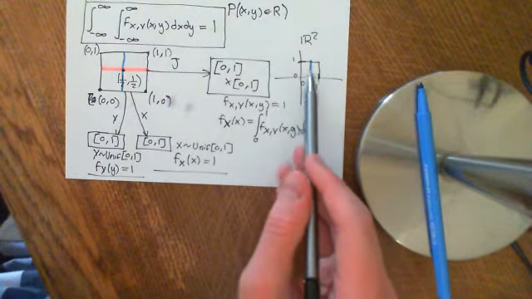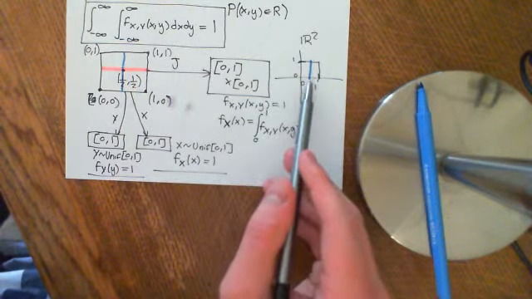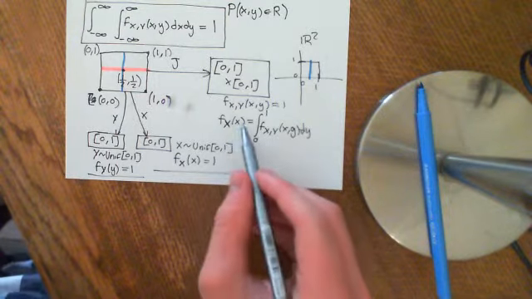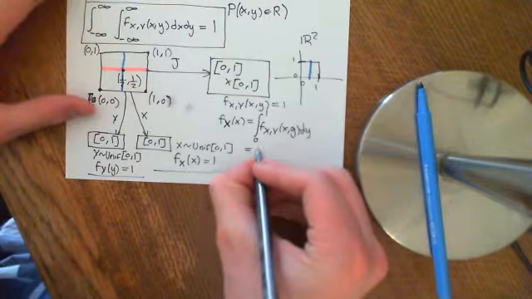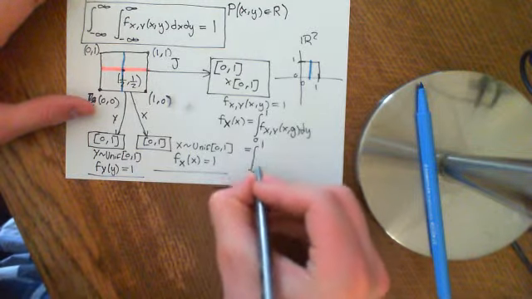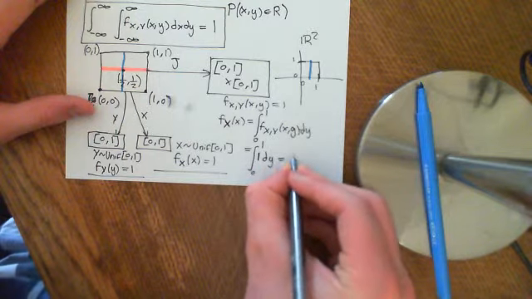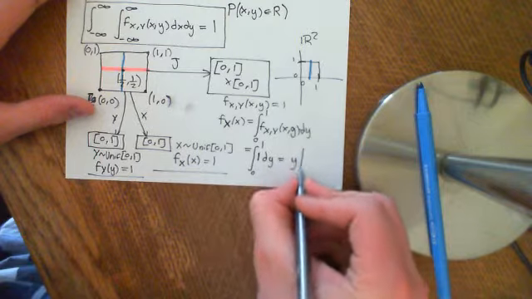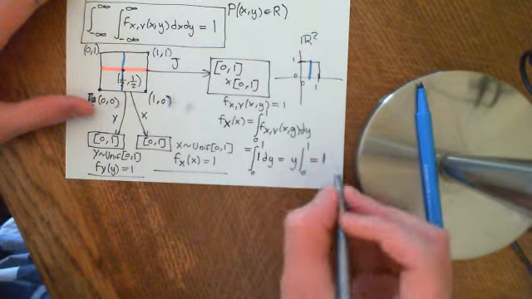That's going to give me the PDF that you are at a value x. So if I do this calculation, I integrate from 0 to 1 the joint PDF, which is 1, dy, and by the second fundamental theorem of calculus, its antiderivative is y, and I just need to evaluate it between 0 and 1, and I get 1.